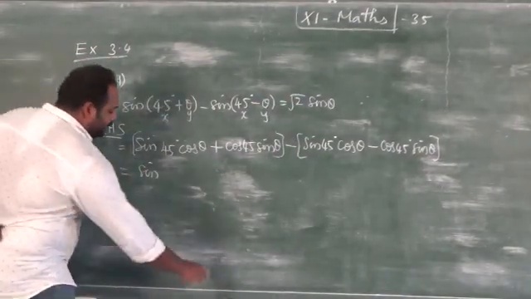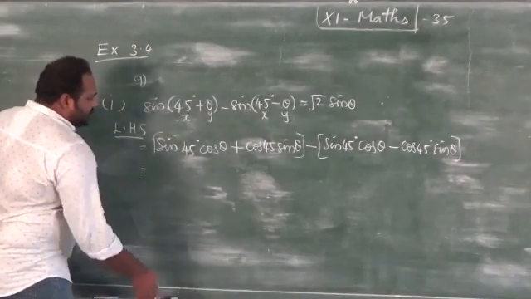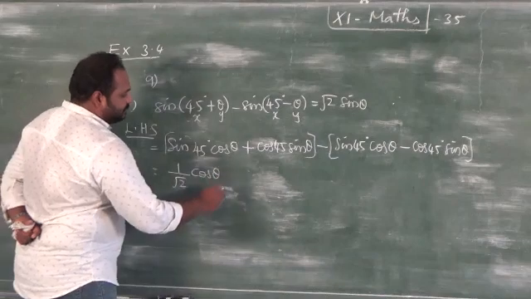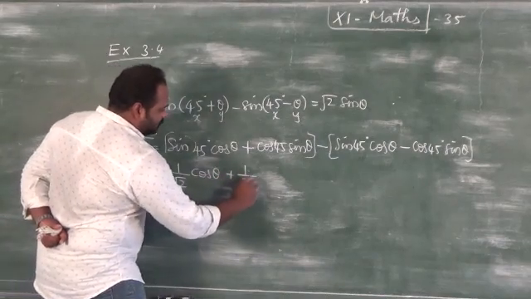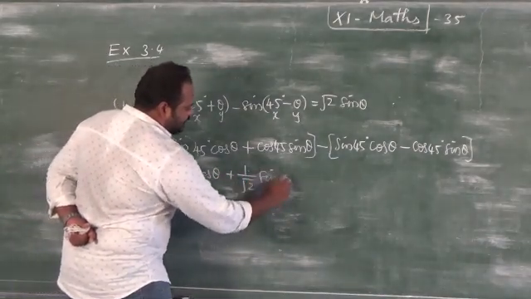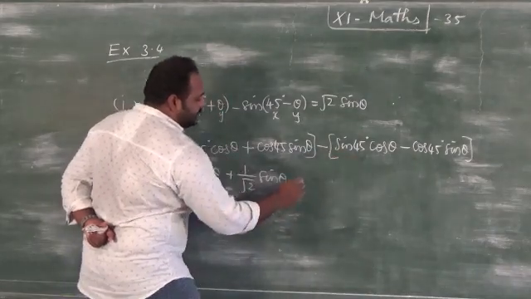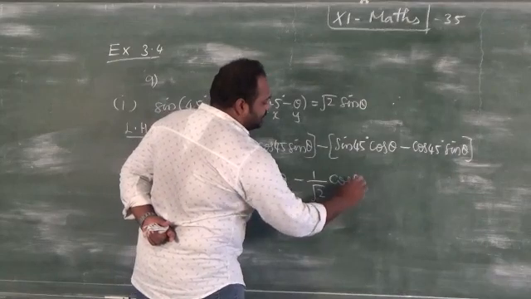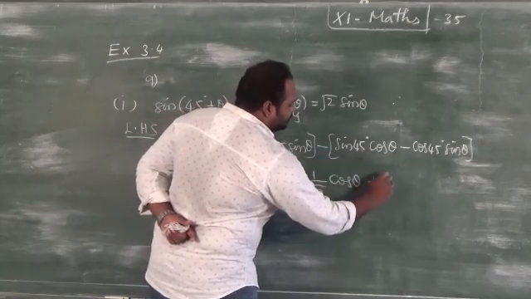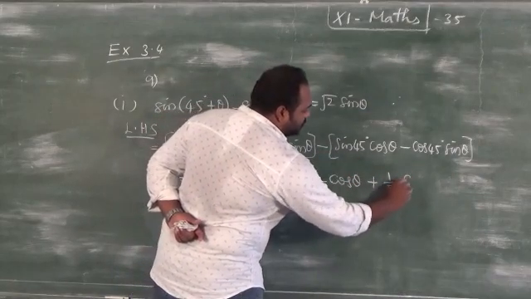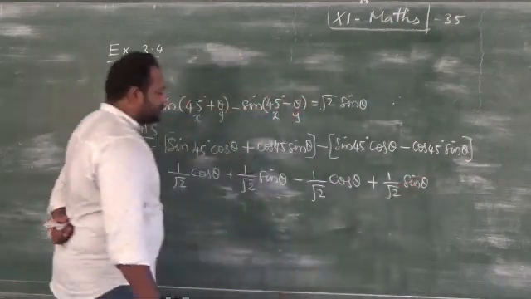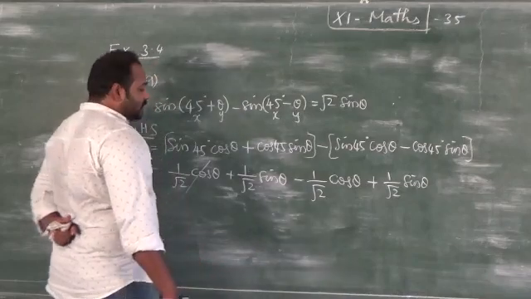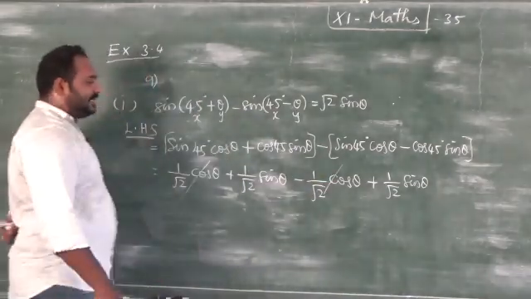Here we can apply the values: sin 45 is 1 by root 2, cos theta. This is 1 by root 2 sin theta. Minus, multiplying inside, minus 1 by root 2 cos theta, minus into minus plus 1 by root 2 sin theta. Here we have some cancellations: plus 1 by root 2 cos theta and minus 1 by root 2 cos theta will be cancelled.